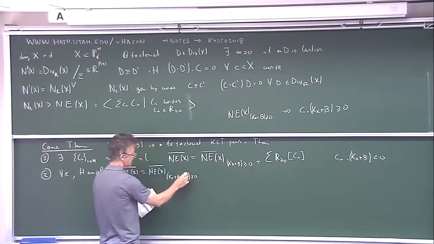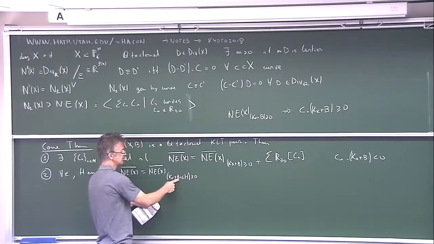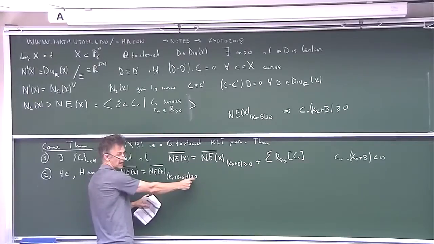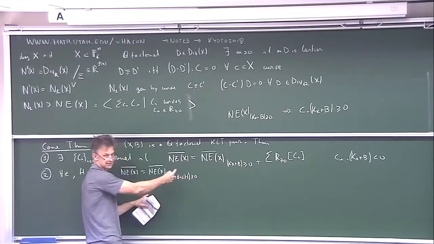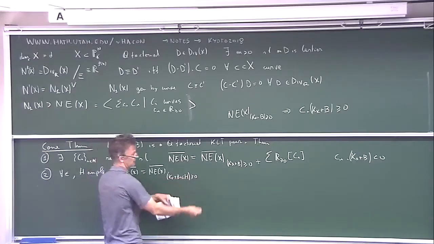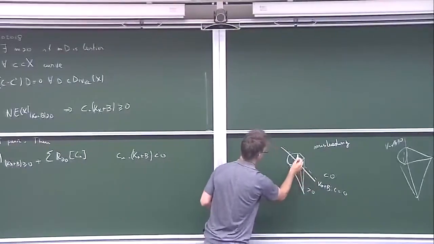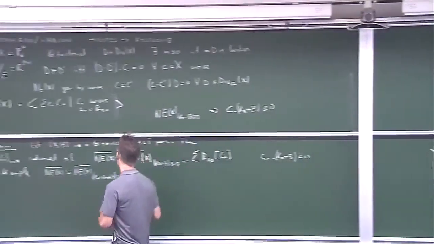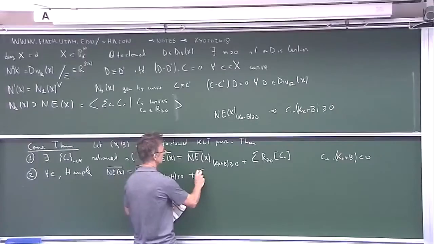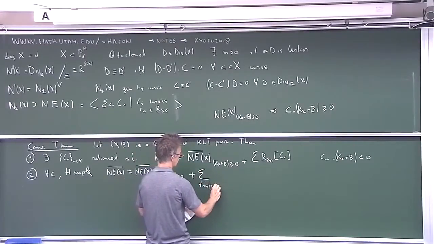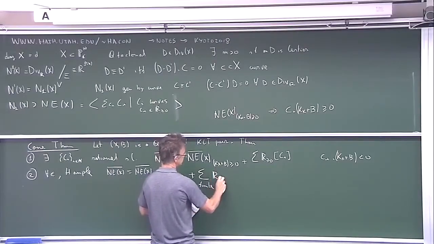If you have a curve that intersects kx plus b negatively, but by a very small amount, then this epsilon h will win out, because that's an ample class. It always intersects any curve positively. So this is increasing your hyperplane a little bit. It's eating up all the rays that are close to the boundary, and then you only need finitely many of these rays.